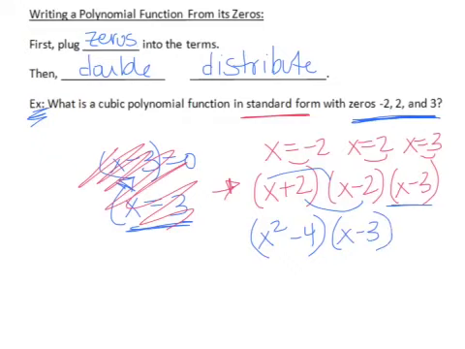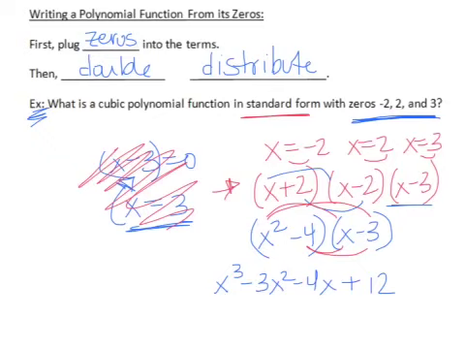These are not conjugates, so I have to double distribute. x squared times x is x cubed. x squared times negative 3 is negative 3x squared. Negative 4 times x is negative 4x. And negative 4 times negative 3 is positive 12.